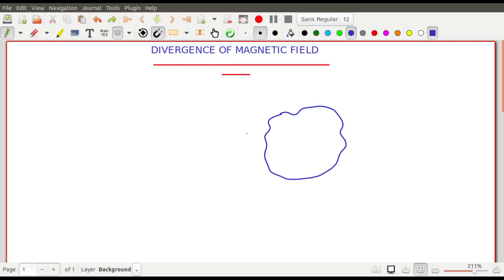This volume is denoted by V dash, এই ভলিউমটা V dash দিয়ে ডিনোট করছি আমরা, and within this volume we again consider a small portion, এই ভলিউমটার মধ্যে আবার আমরা একটা স্মল পোরশন কনসিডার করছি. Let it be like this. Okay, so this is what we have at the present moment.